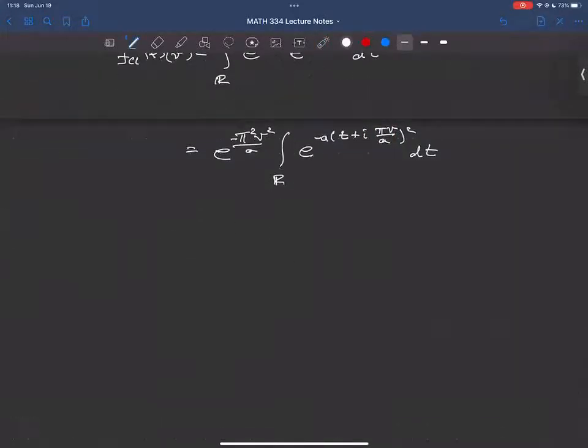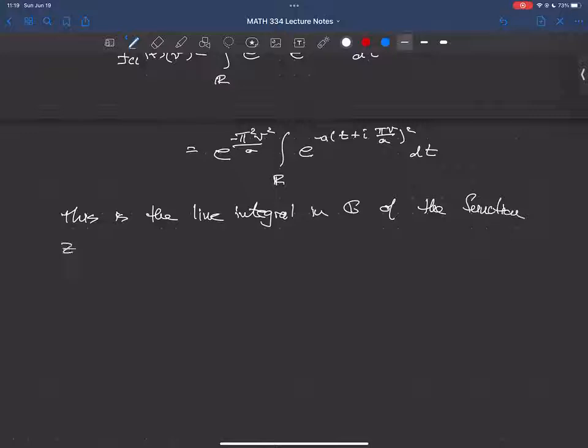All right. And so this is the line integral in C of the function z goes to e to the minus a z squared along the line.